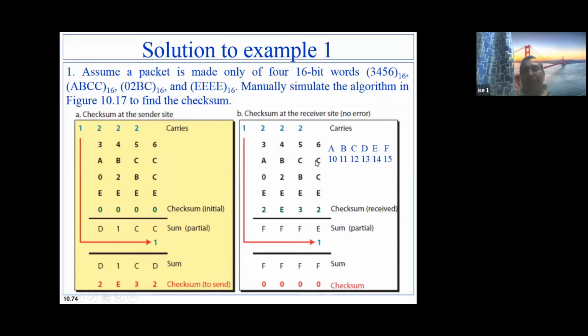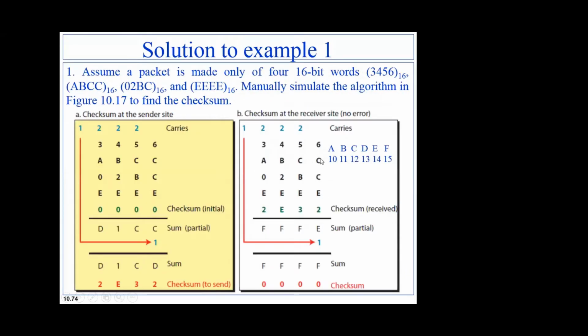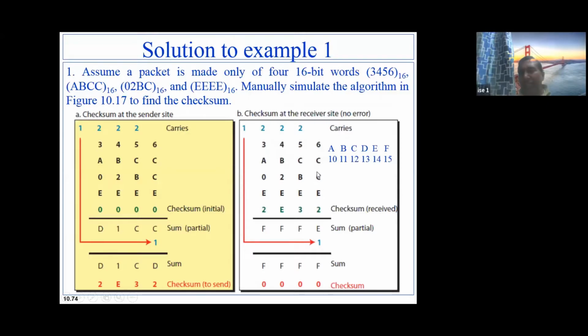You replace this C with E, and this C you replace with A. You got the idea? And you perform this addition as usual, and you have to tell me whether this will be accepted or rejected.